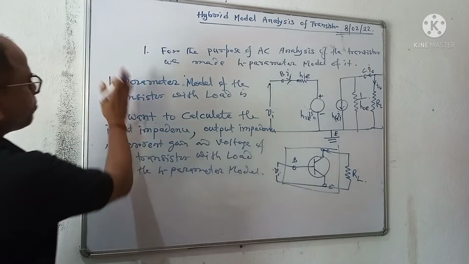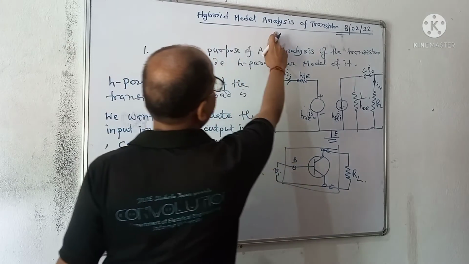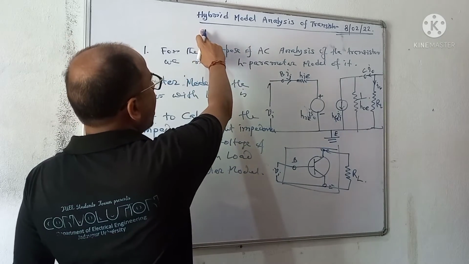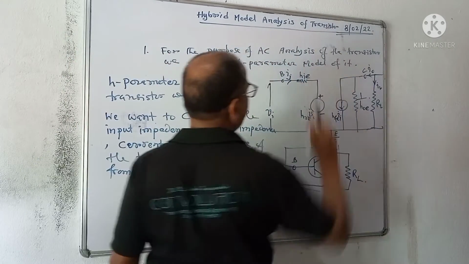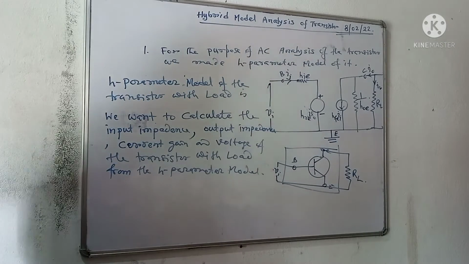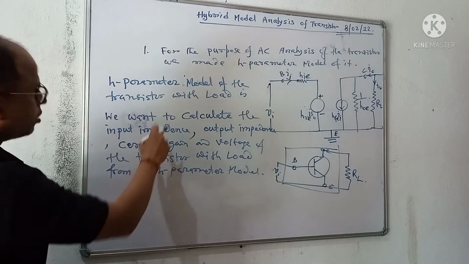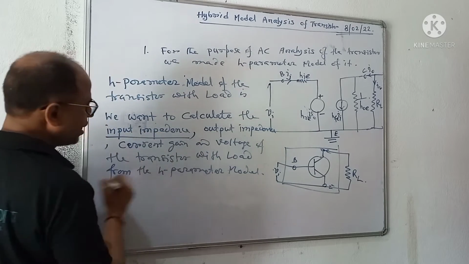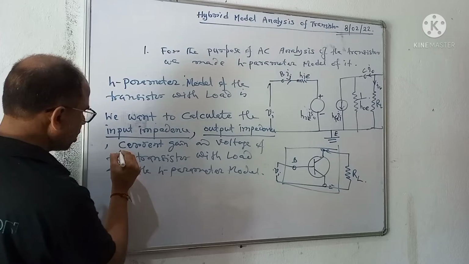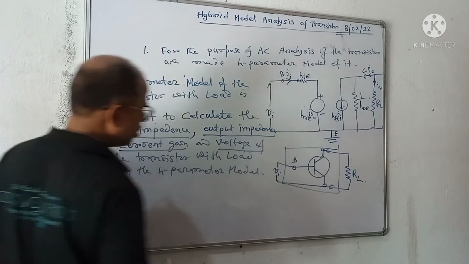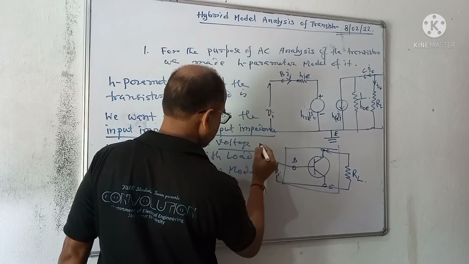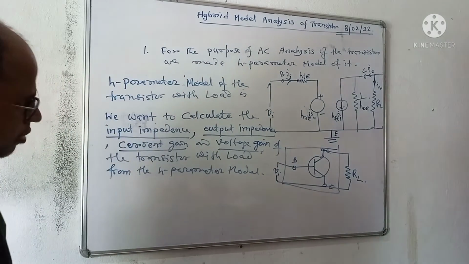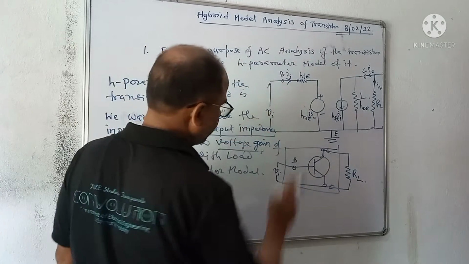This is called hybrid model analysis of the transistor. That's why I gave the title hybrid model analysis of the transistor. So from this circuit, I want to calculate input impedance, output impedance, current gain, and voltage gain of the transistor.